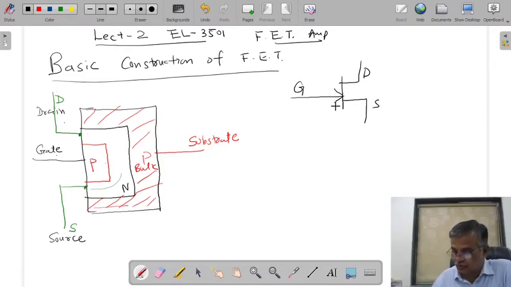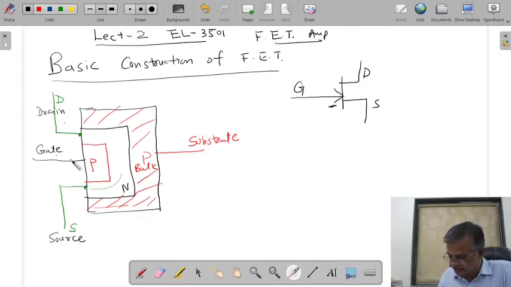And last lecture I told you, at the gate, this arrow indicates the direction of current when the gate is in forward bias. But we know that the gate is always kept in reverse bias in a field effect transistor, remember. So this arrow shows the direction of current when this is in forward bias.